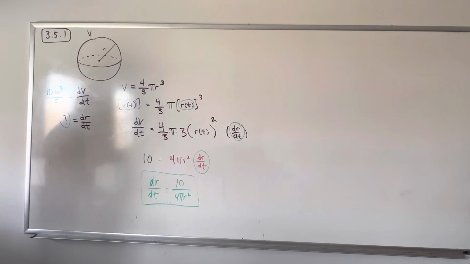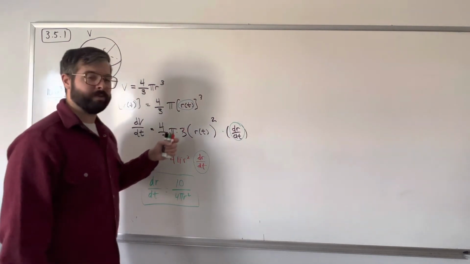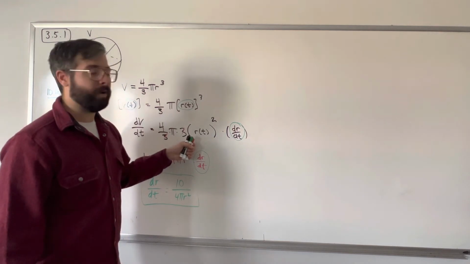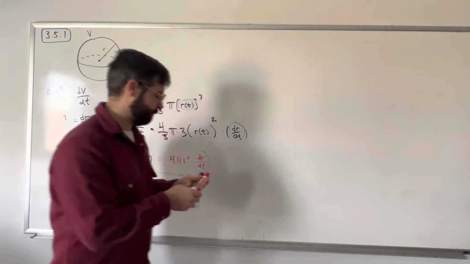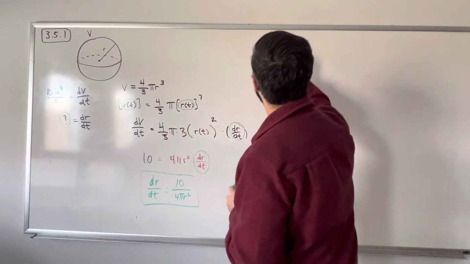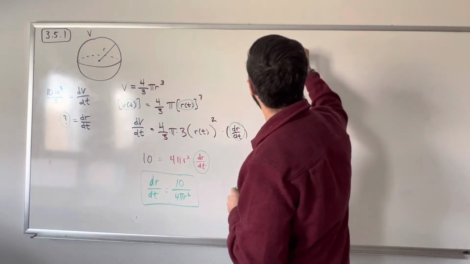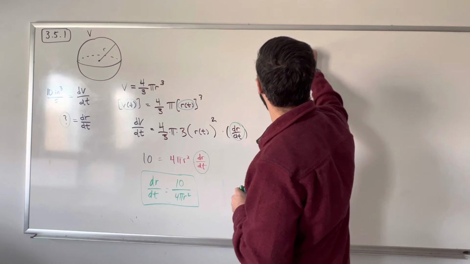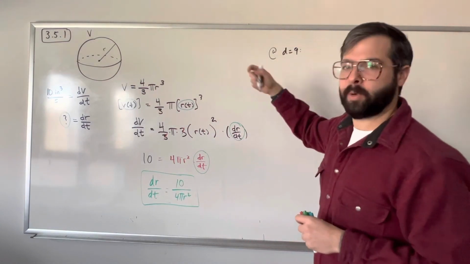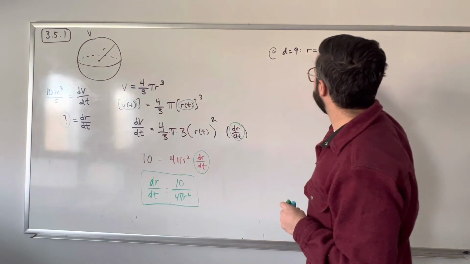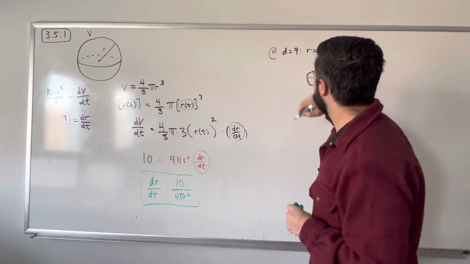Well, at d equals 9, which is diameter, what does that really mean? Diameter is twice the radius. So that means the radius is really 4.5 at this moment.